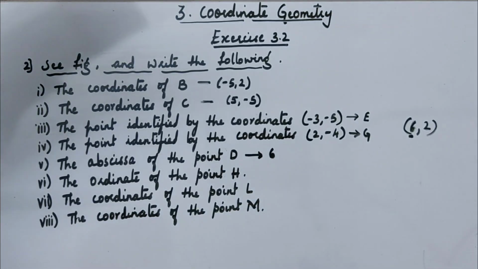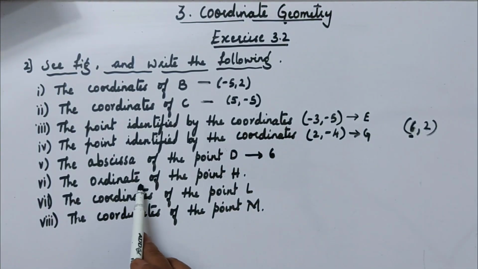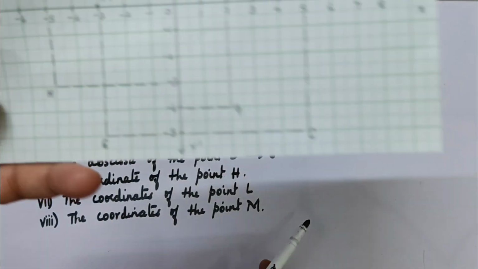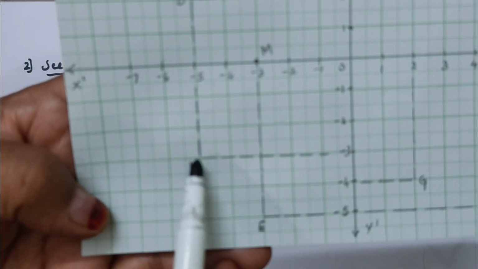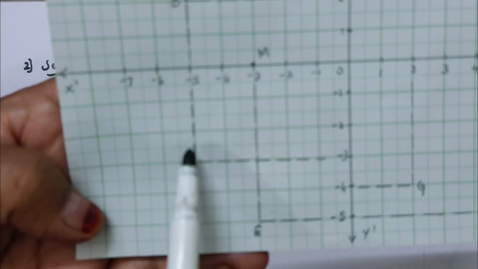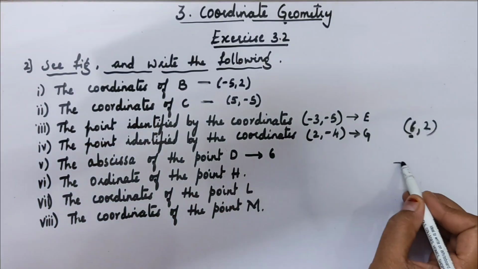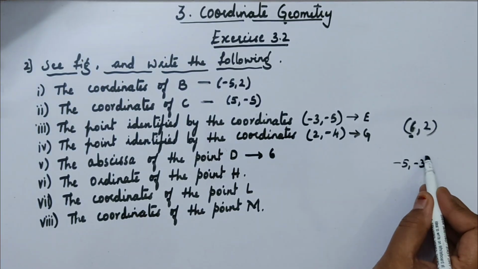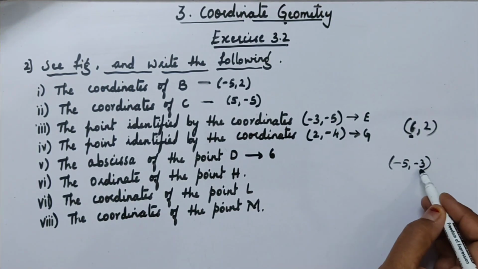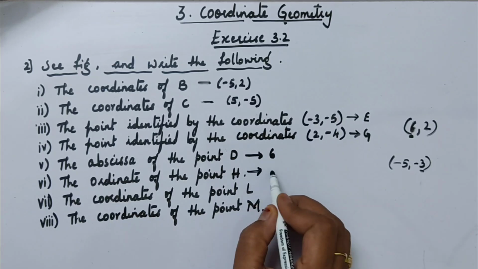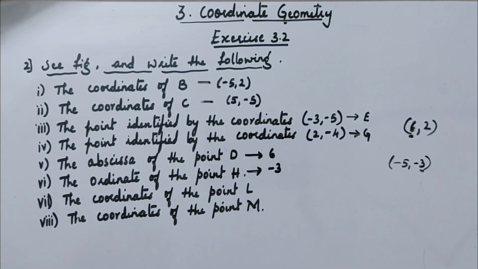The ordinate of the point H. See, this is the H point. What are the coordinates here? The coordinates are minus 5, minus 3. Ordinate is the y-axis. That will be minus 3.